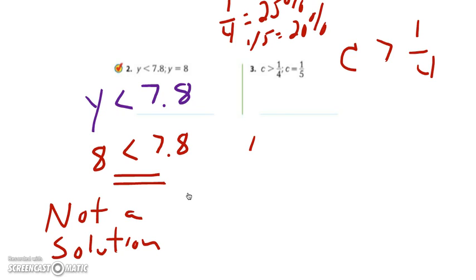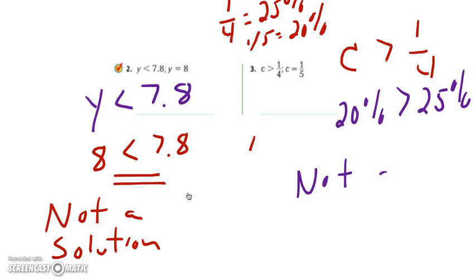Now it's a little easier to compare them. c is 1/5, so we substitute 20%. Is that greater than 1/4, which is 25%? 20% is not greater than 25%, so this is not a solution.